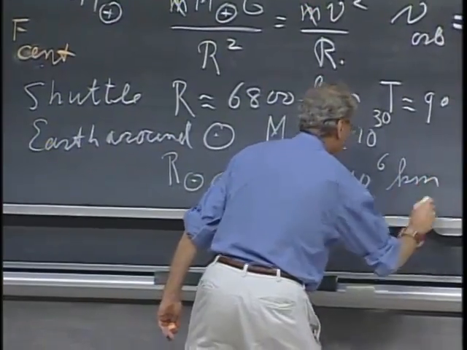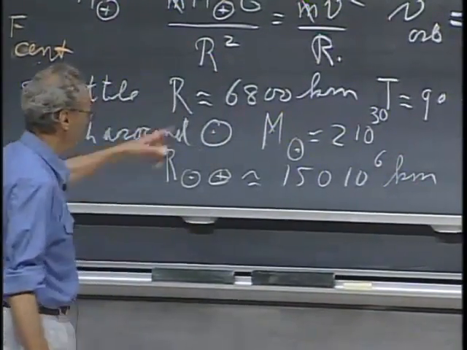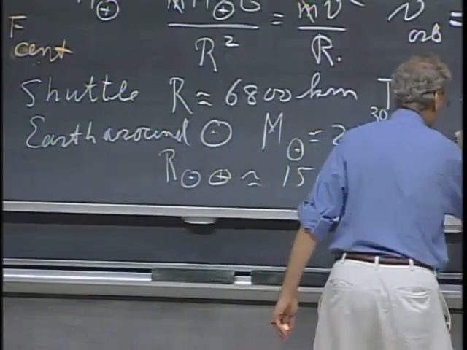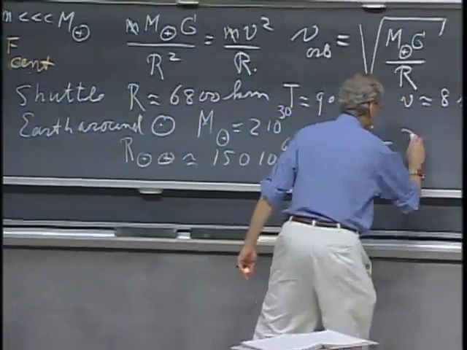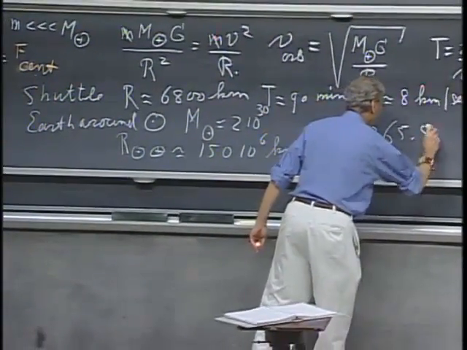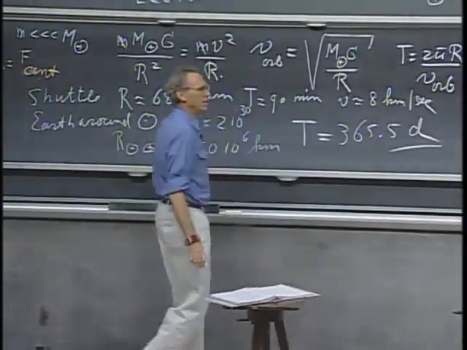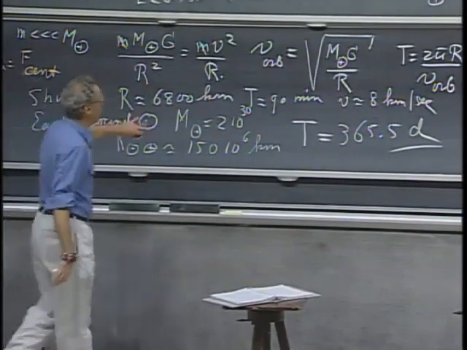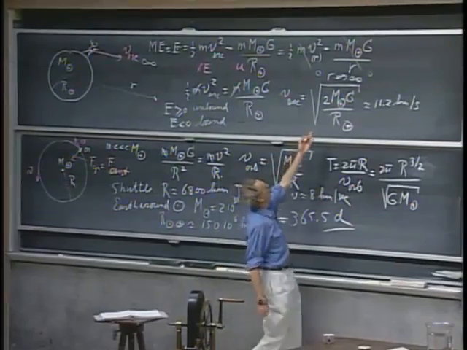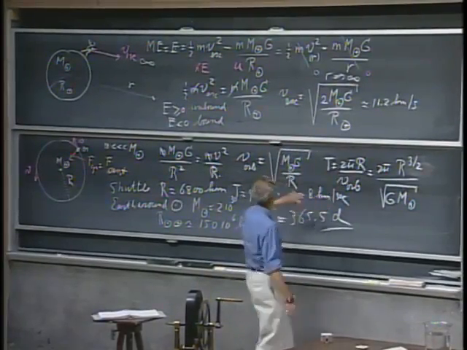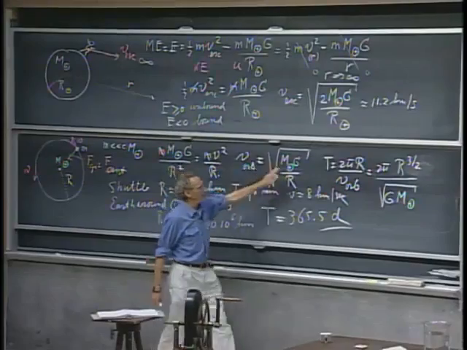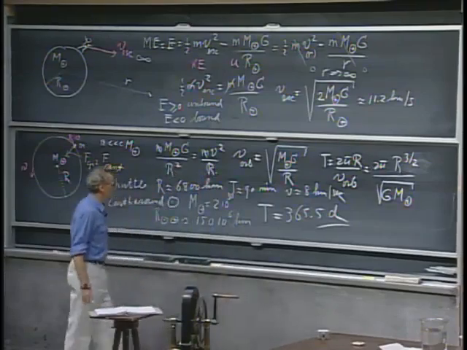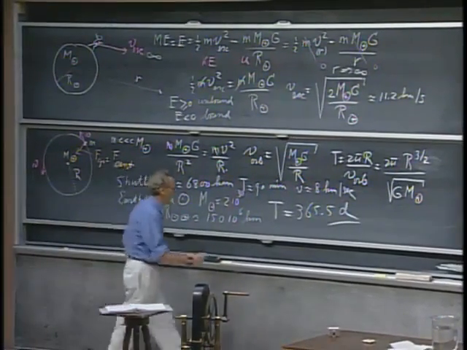Forgive me for mixing up meters with kilometers, but you have to convert that, of course, to meters. And when you calculate how long it takes the Earth to go around the sun, no surprise, you'll find 365.5 days. So there's simply substitution of these two quantities in the equation that I have here and that I have here. The velocity of the Earth in orbit is about 30 kilometers per second.